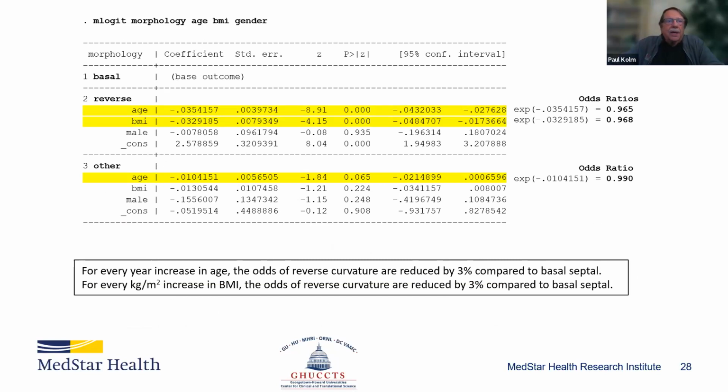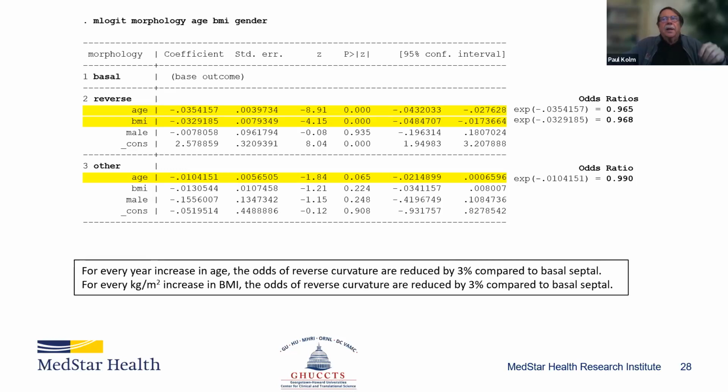And then for every unit increase in BMI, we get basically the same result, that the odds of reverse curvature are reduced by 3% compared to basal septal.